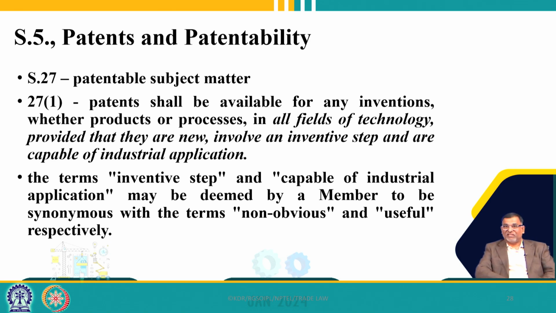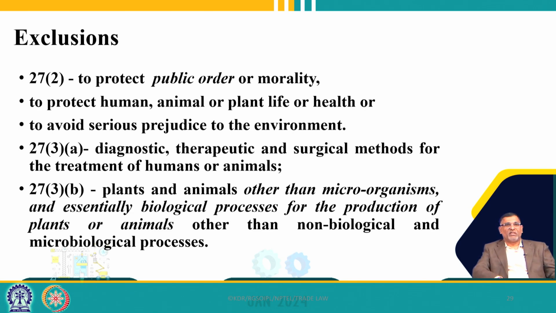Again the three criteria: they involve an inventive step and are capable of industrial application. So, these three criteria are applicable under Article 27 as well, and 27(2) gives exceptions, what is not patentable.